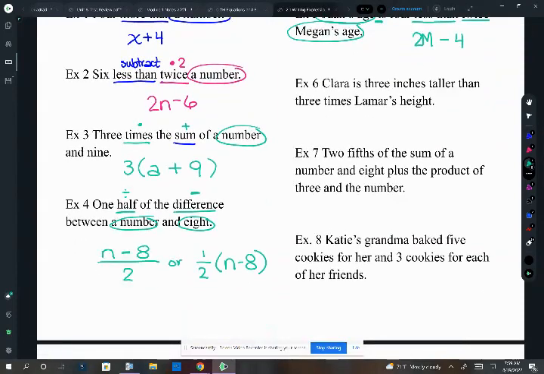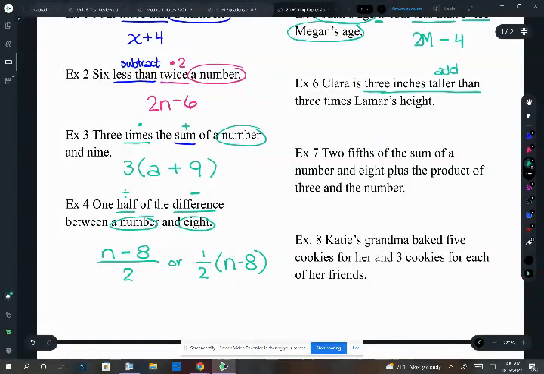If we're looking at just an expression to talk about what Clara's height is, we're saying she's 3 inches taller. Okay, so 3 inches taller than. So taller than means that we're going to be adding. I know that's going to be a little bit different because it's not real specific, but that helps us see that we're going to add.